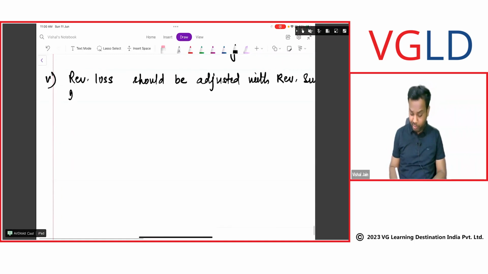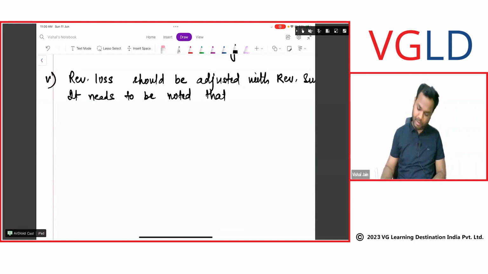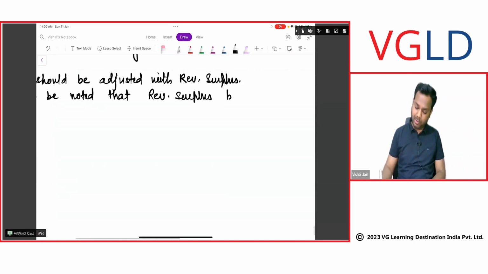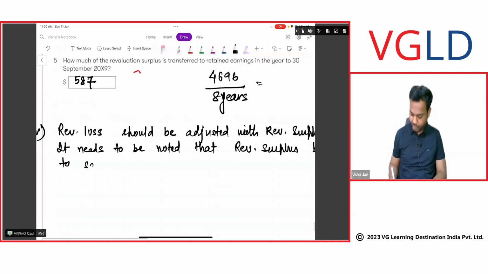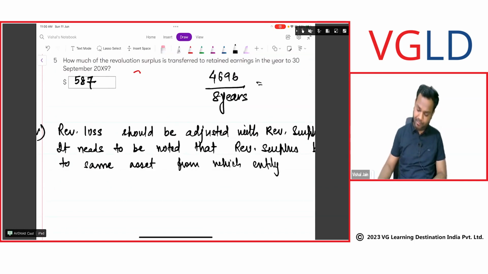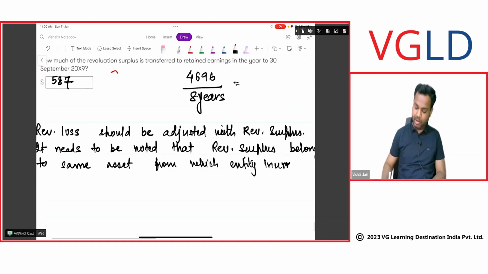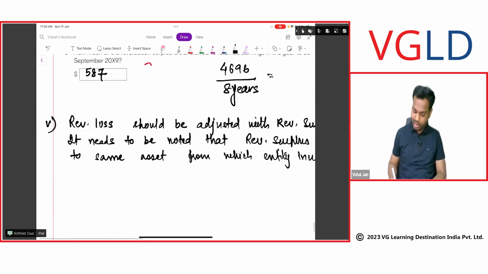However, it needs to be noted that the revaluation surplus should belong to the same asset for which the entity incurred the revaluation loss.